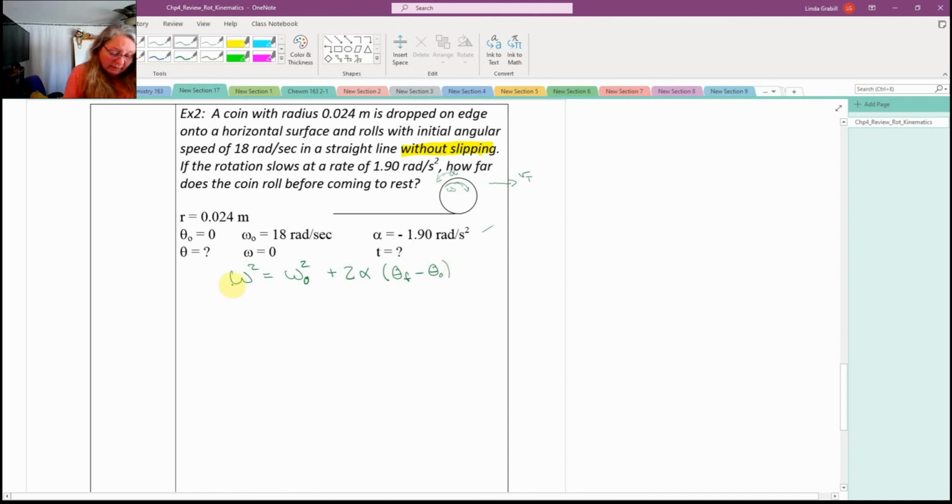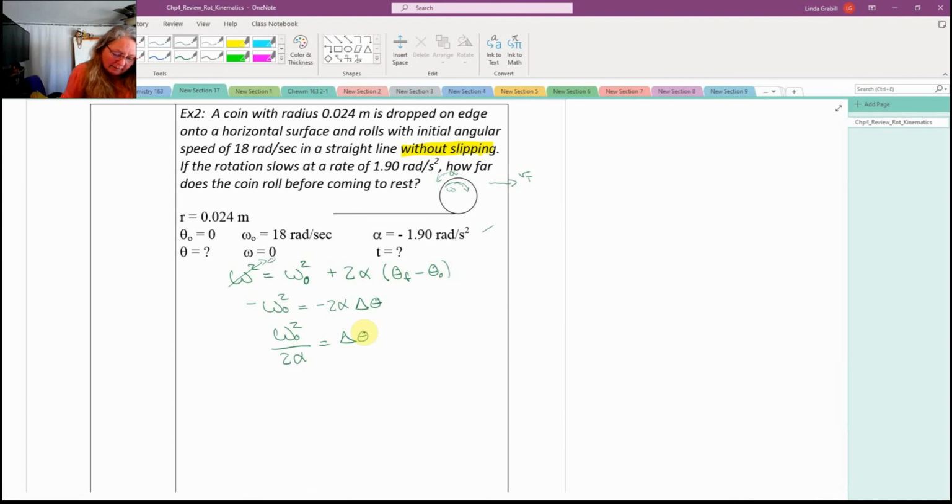And then I can look at this and say, well, that's 0. I know alpha, so I can rewrite this as minus omega naught squared equals, and my alpha is negative, so minus 2 alpha times d theta. That will finally get me to my theta. So the two negatives are going to cancel out. I'll end up with omega naught squared divided by 2 alpha equals my d theta. That is the total radians that I've rotated through.